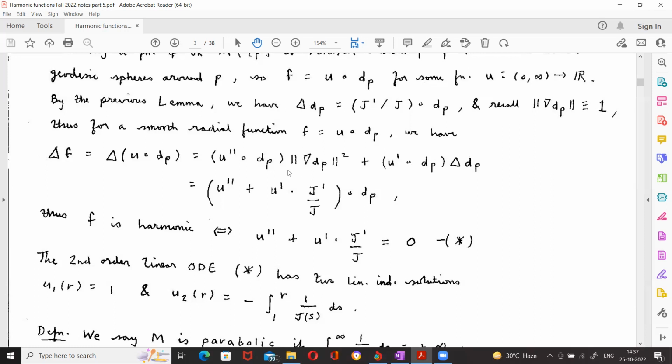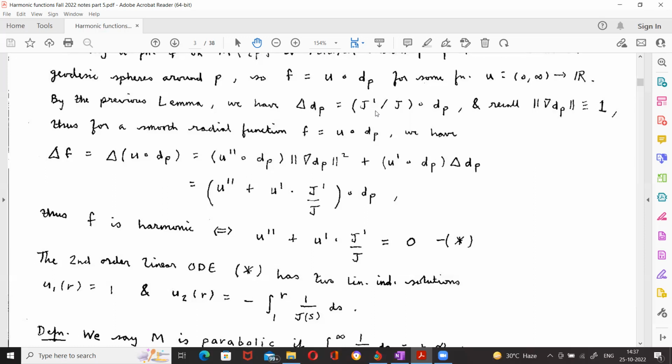If it preserves the space of radial functions, then this Laplacian of d_p must be radial, right? That is clear. Because you just take these two terms to the other side, divide by this term, and you'll get the Laplacian of d_p. And once you know that the Laplacian of d_p is radial, it should not be too hard to show that the Jacobian must be independent of v, right?